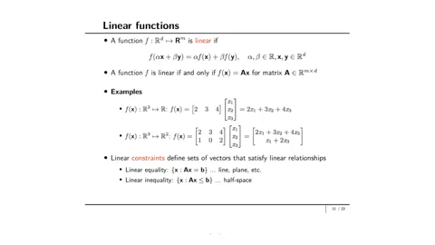I'm going to call a function linear if it has the following property. I take a vector x, I take a vector y. I multiply this vector by a number alpha, and I multiply the vector y with the number beta. Beta and alpha are real numbers. Back in the module on vectors, we had talked about how alpha x plus beta y is another vector. All we do is multiply every component of x by alpha, every component of y by beta, and add them both component by component.